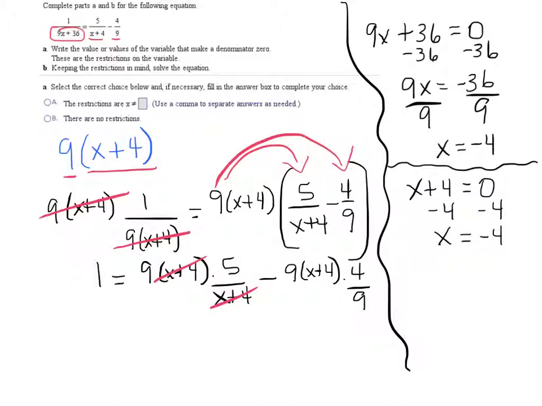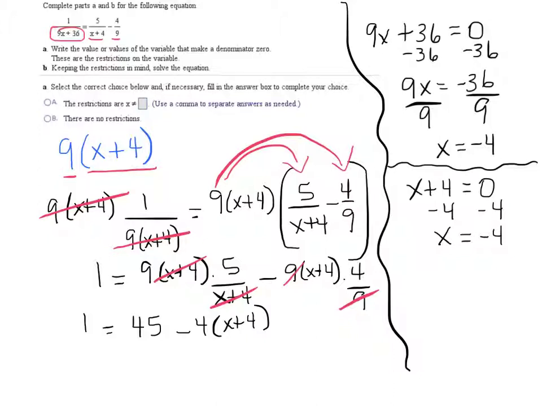And then I can see that the 9's cancel. And so what I'm left with on this side is 9 times 5 minus, and I've got this 4 times the quantity x plus 4. So I'm going to need to distribute that, but you can see now how the equation is working out.